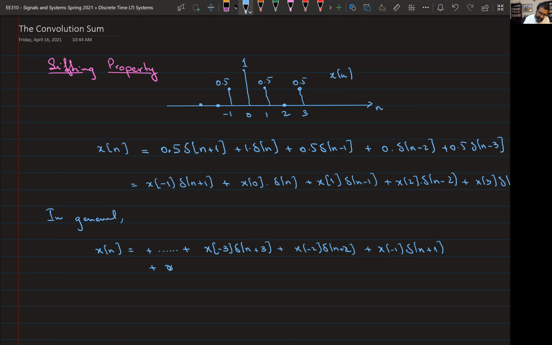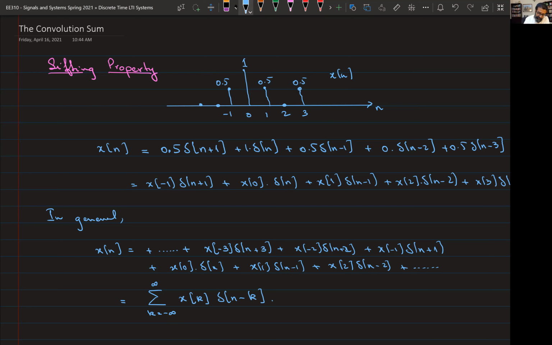So and x of 0 times delta of n plus x of 1 times delta of n minus 1, and so on and so forth. चलो एक और कर सकते हैं, x of 2 delta n minus 2, right, all the way up to infinity, right? And I can write the summation, and I say, okay, this is actually equal to summation k equals minus infinity to plus infinity. I just want to represent this mathematically compactly, right? So x of k times delta of n minus k.